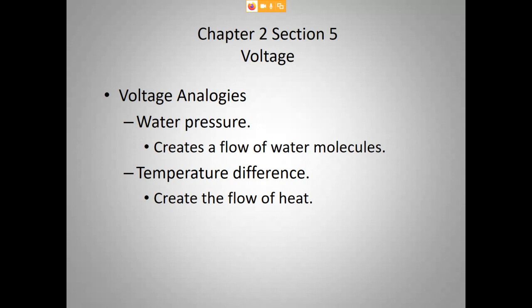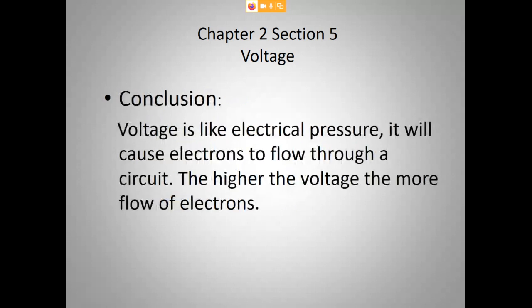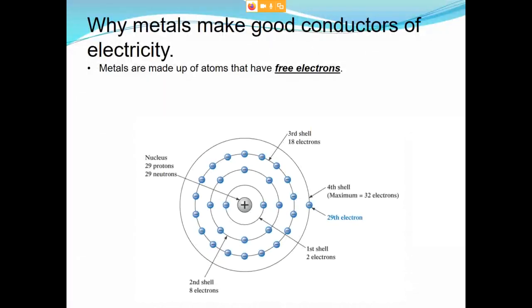But if you think about water pressure in a hose, then we can draw analogies between water flowing through a hose and voltage and current. So the voltage is like the pressure that pushes that water, and the actual flow of the water is the current.